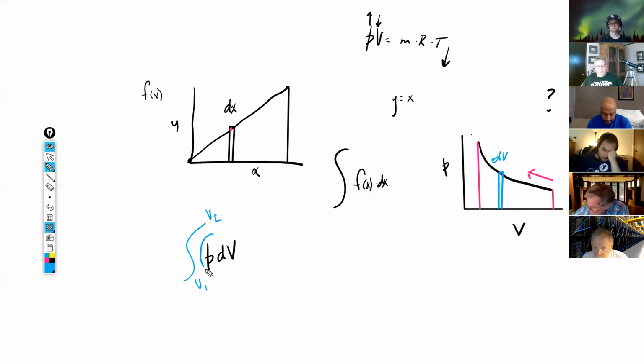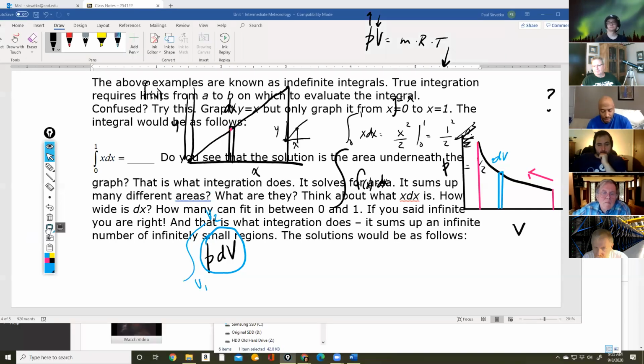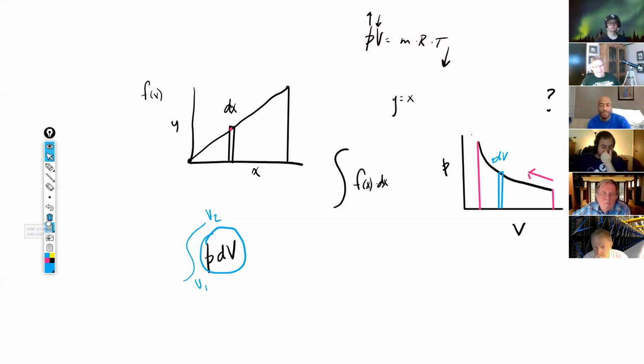What is this? The name? Is it called the integrand? No. It's pressure times the change in the volume. Okay, want to see something so freaking cool? I'm going to start again.